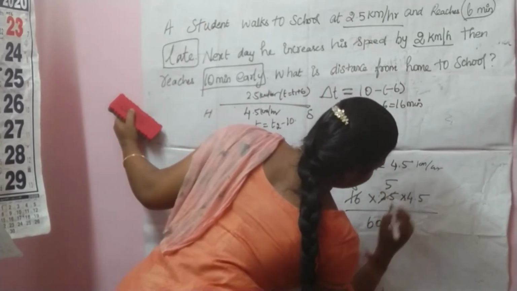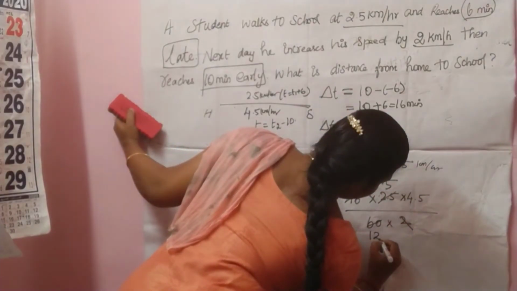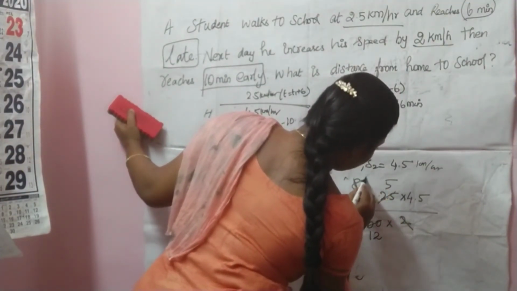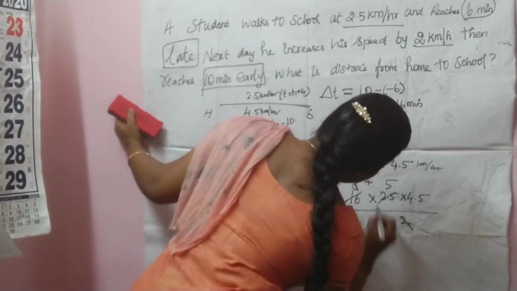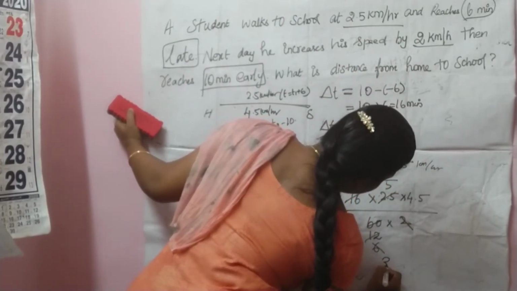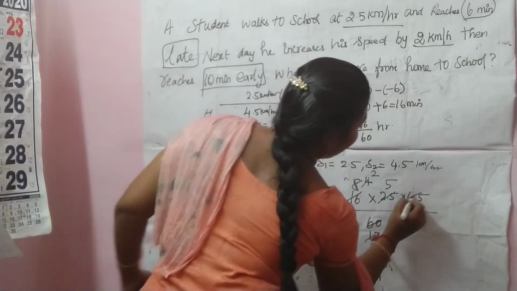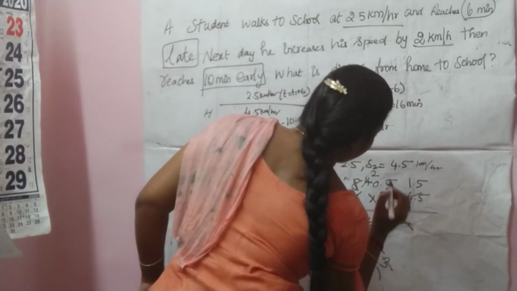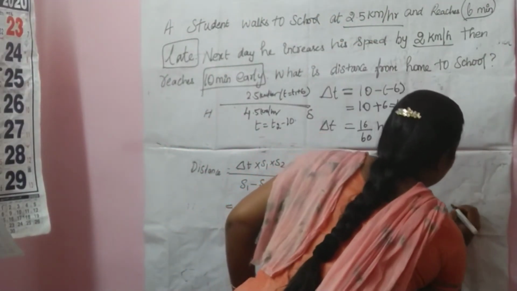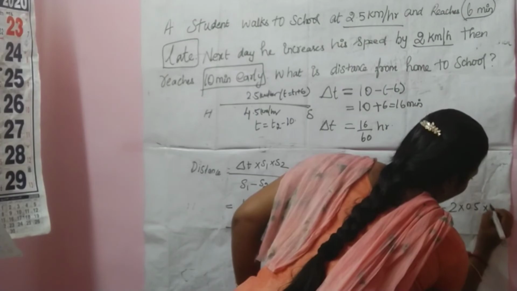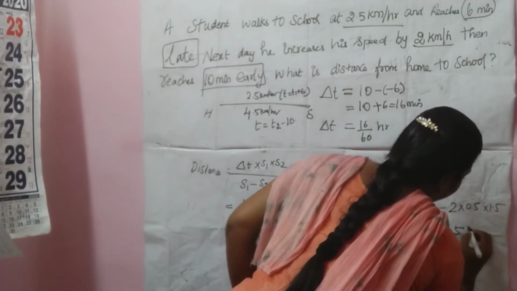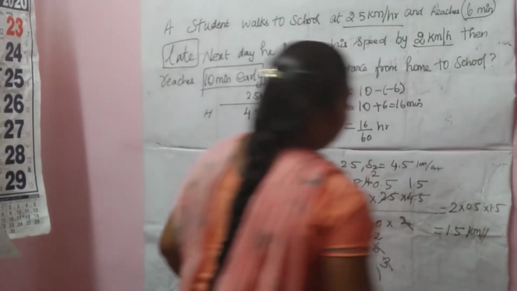And then this is 4 times, this is 6 times, this is 2 times, and this is 3 times, and now this is 1 time, and this is 1.5 times, this is 0.5. Therefore 2 into 0.5 into 1.5, which is nothing but 1.5 kilometers. That's it.